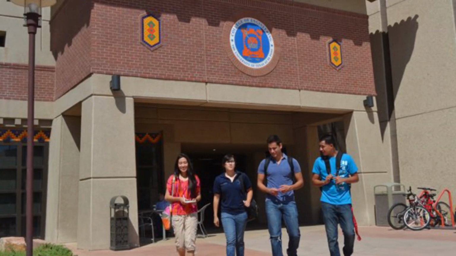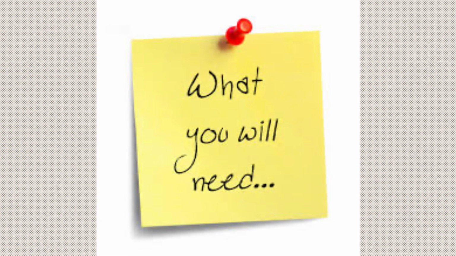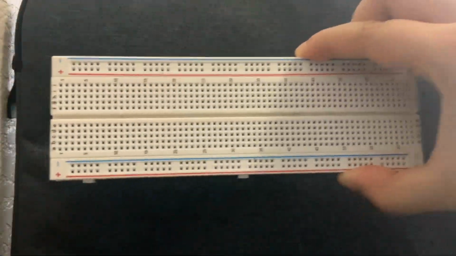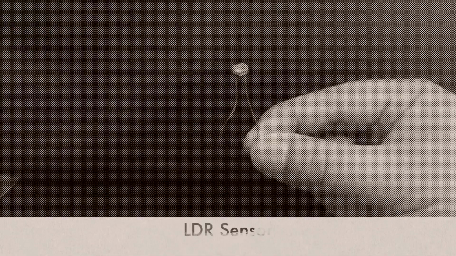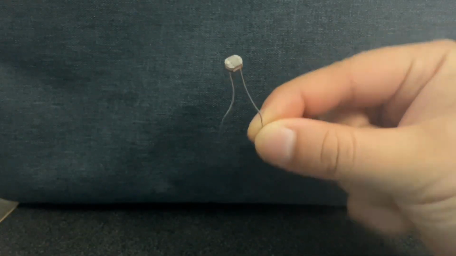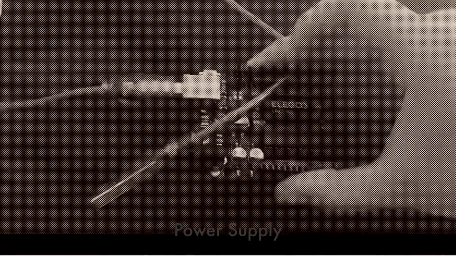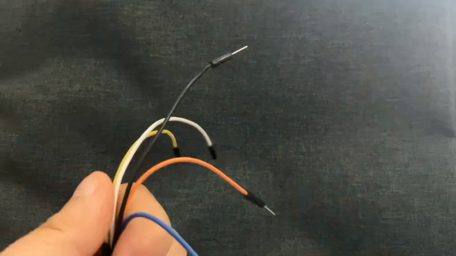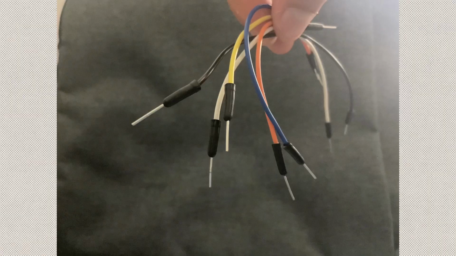Before we begin, let's gather the necessary components. You will need a breadboard, an LDR sensor, a 1 kilo ohm resistor, a power supply, an LED light bulb, any color will do, and finally 5 different color jumper cables.